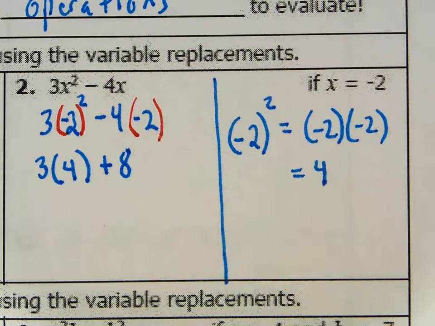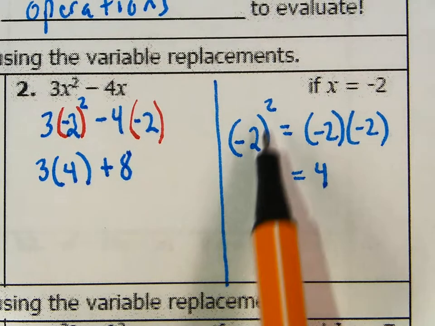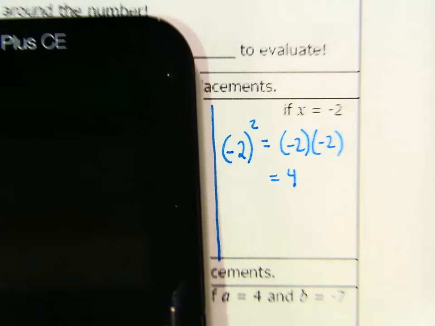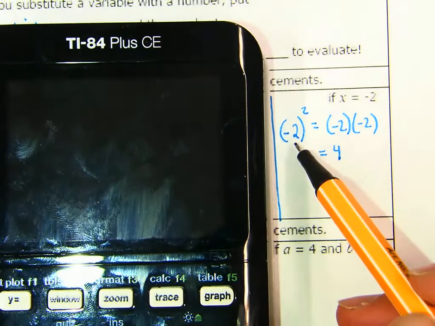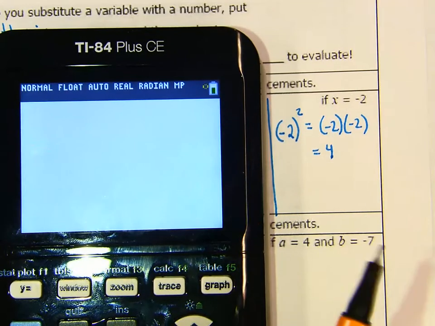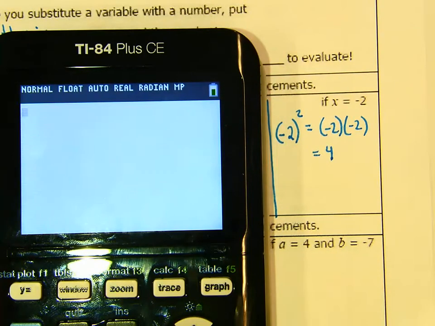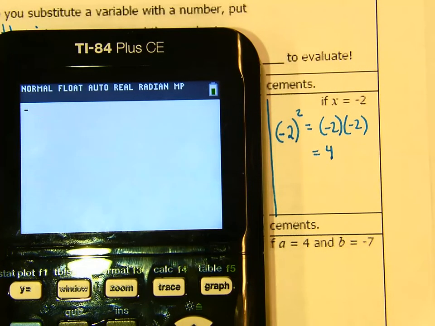And if I were to say, hey, how do you do this in your calculator? Let's just take a look over here real quick. How would I put -2 squared in the calculator? Let's just take a look at two different things very quickly. Here, this is -2, the whole thing squared.